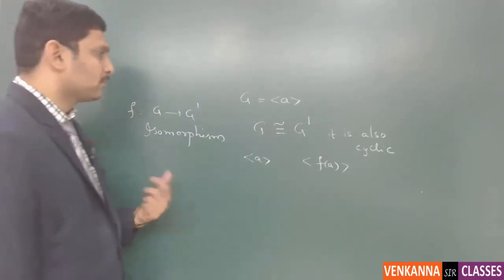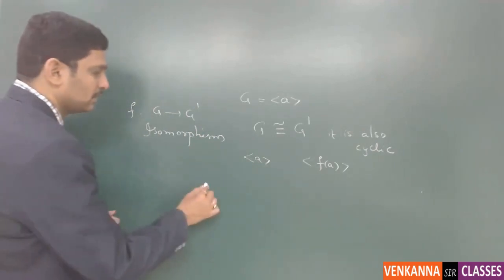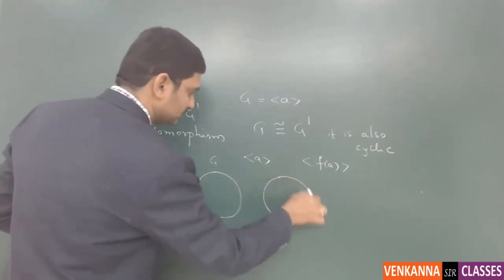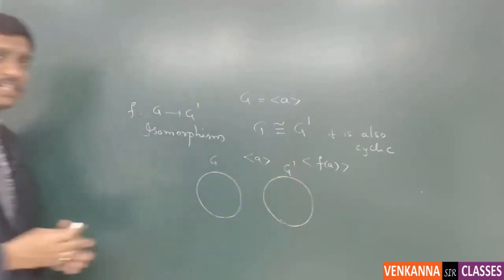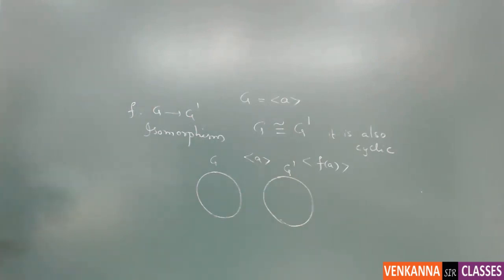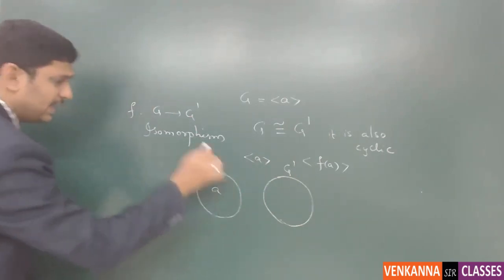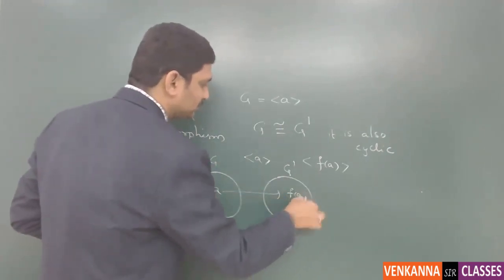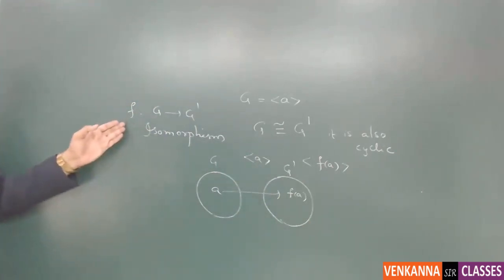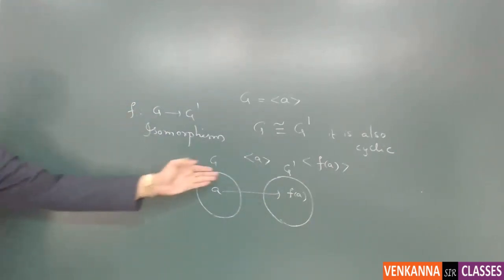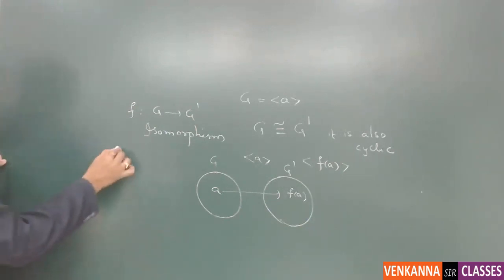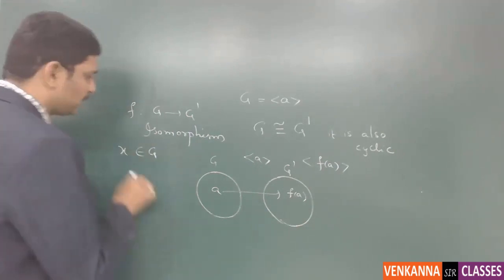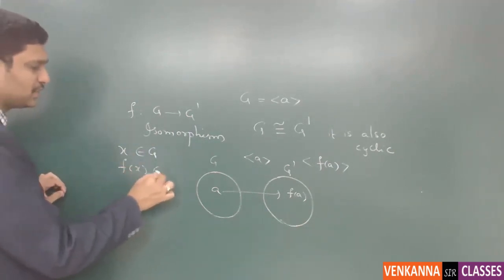Let me say, suppose we have taken the groups G and G dash, and A is the generator for G, obviously f of A will be in G dash, as you have taken that f is an isomorphism between these two. So if you take any element x belonging to G, then the corresponding f of x will belong to G dash.